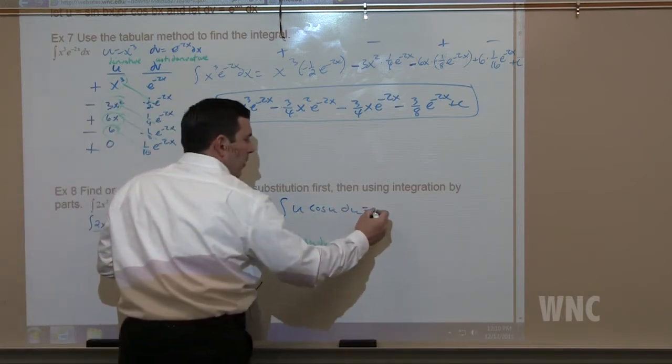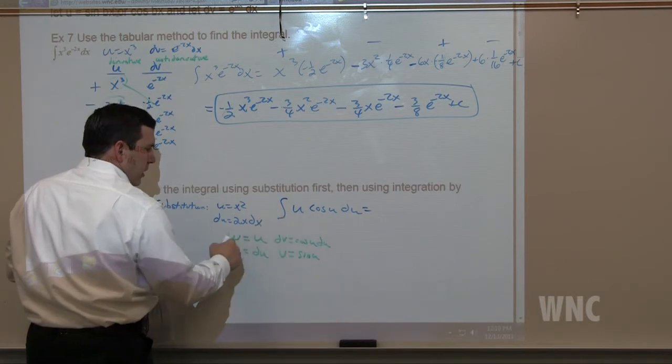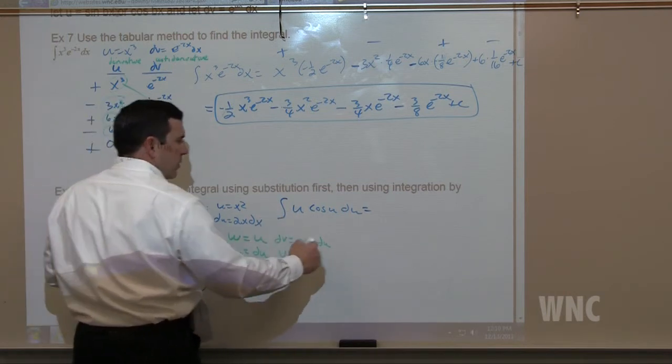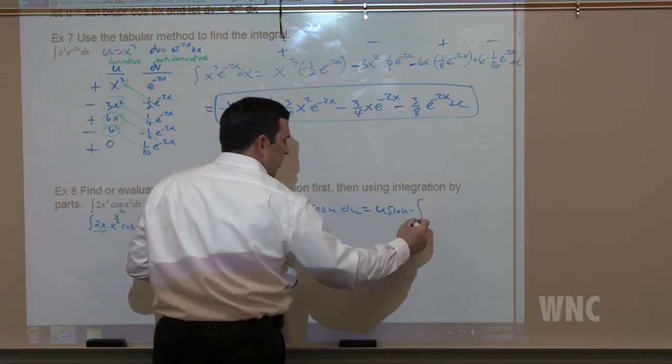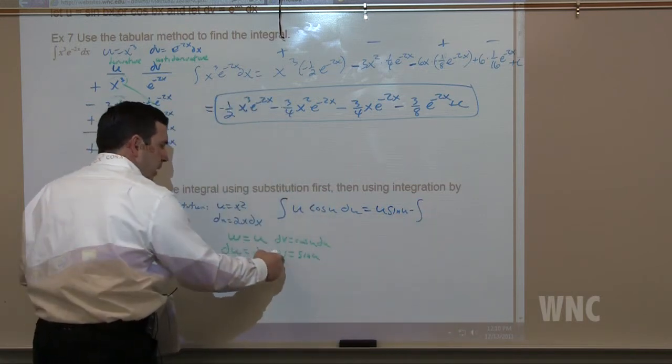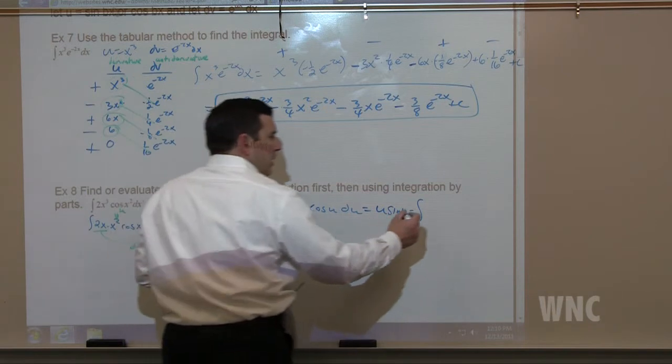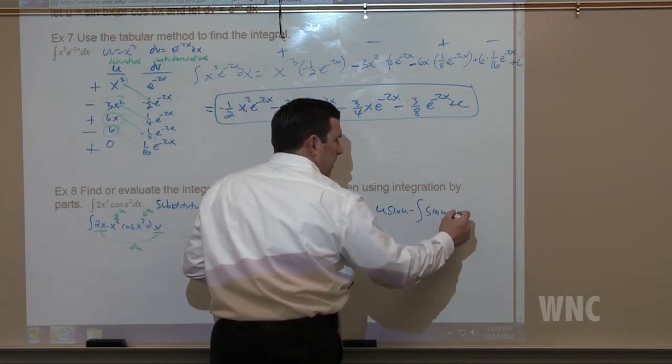So this will become WV, so that's going to be u sine u minus the integral of V dW, sine u du.